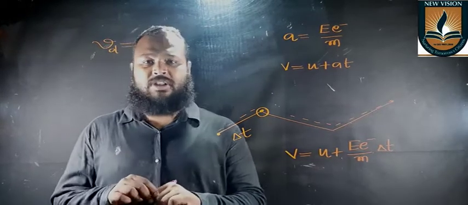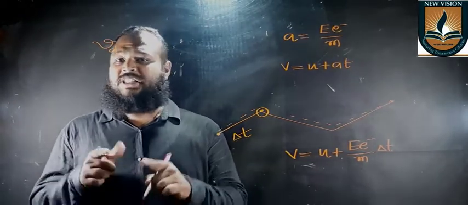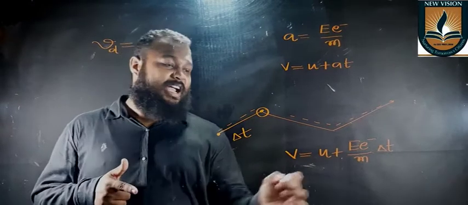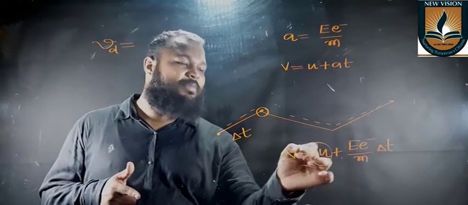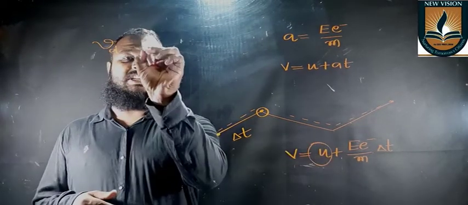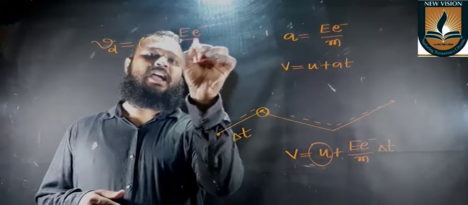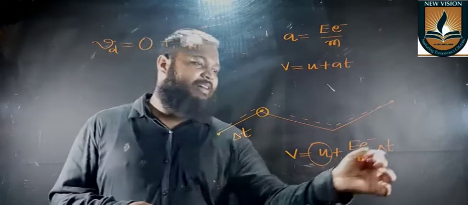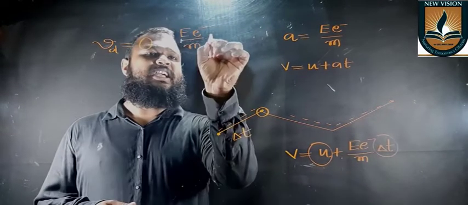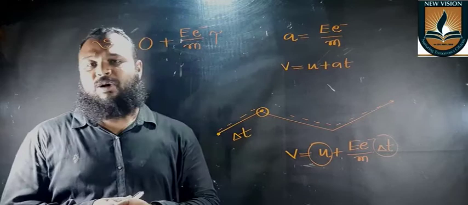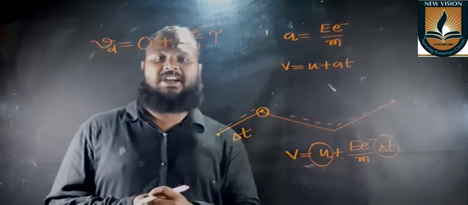As I told you, because of random motion there is no net flow of charge, hence the average of this term becomes 0. So this is 0 plus eE by m into the average of this time, which is indicated with tau, and tau is called the relaxation time.